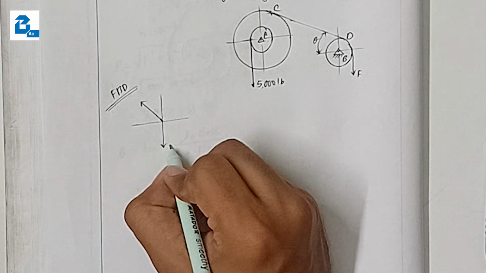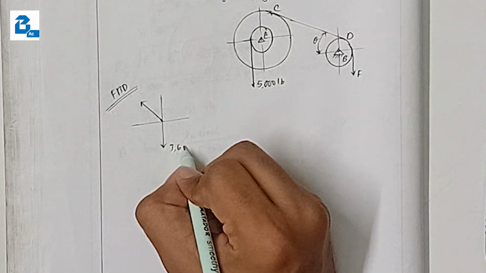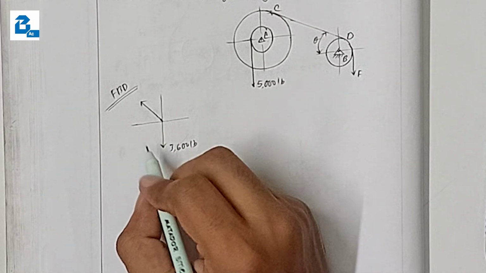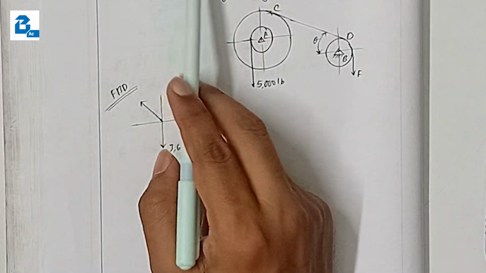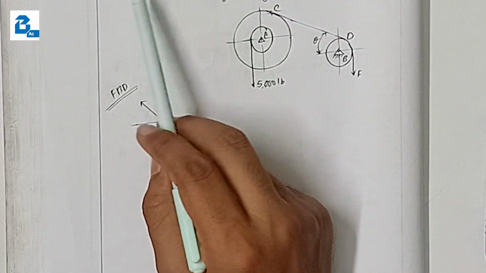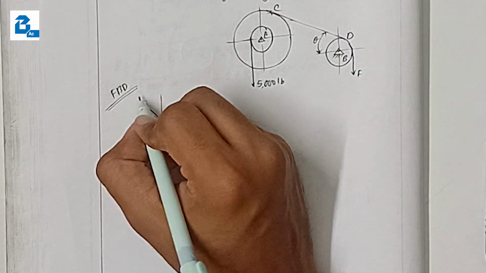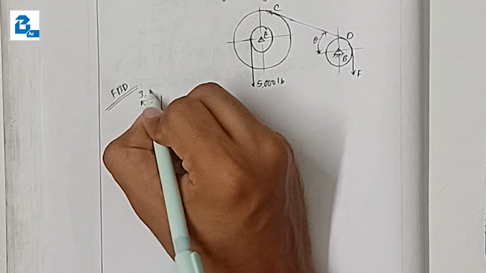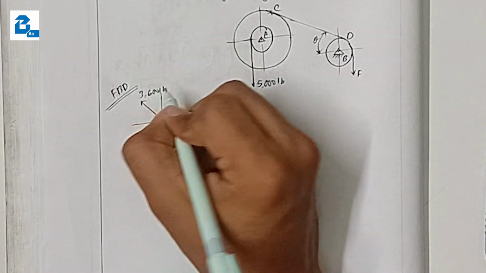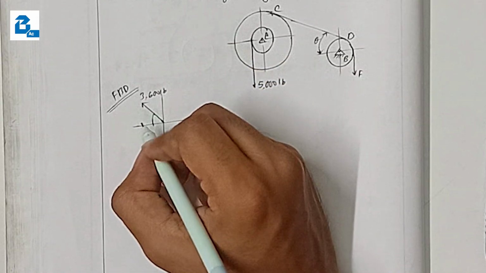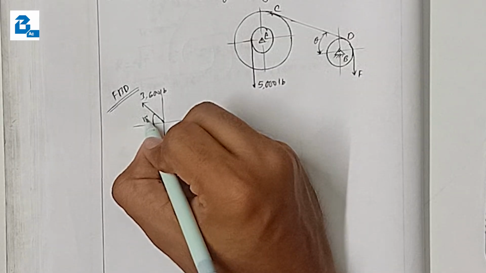So we will write just that, 3600 pound. And here the CD, which is 3600 pound also. So we will write 3600 pound. Here this angle equals 15 degree.